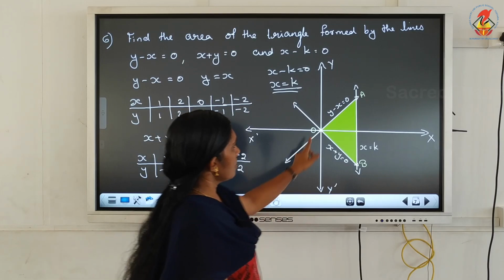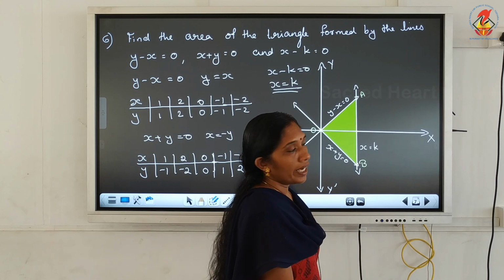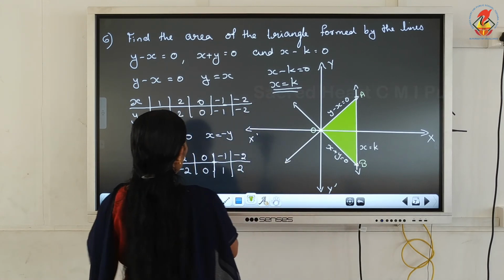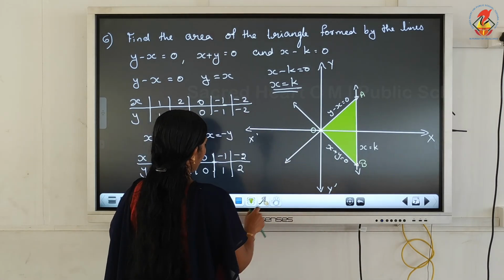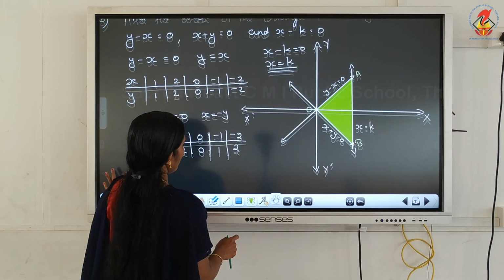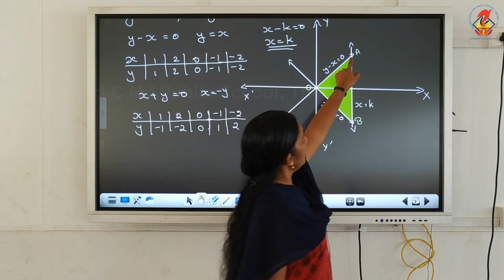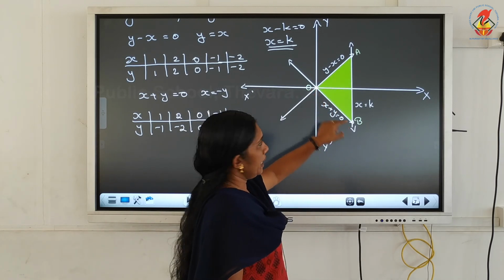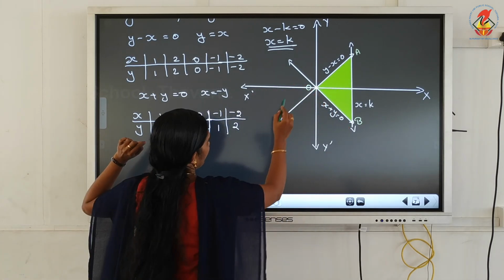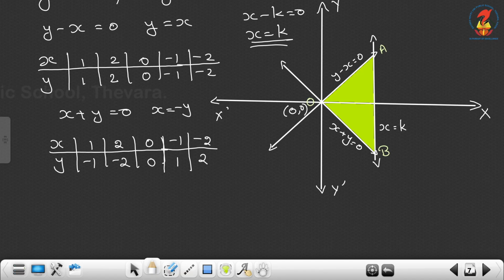Okay, this shaded region we have to find. Area of triangle, how to find the area of triangle? Can we get the coordinates of A, O and B? O is the origin, its coordinate is (0, 0).